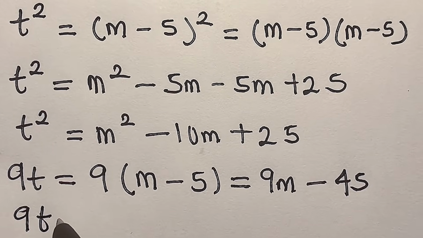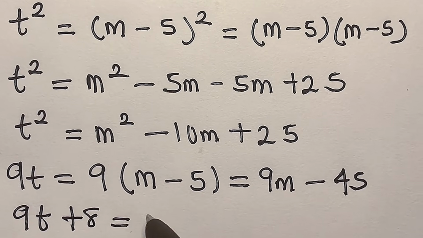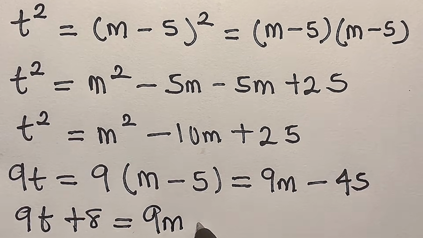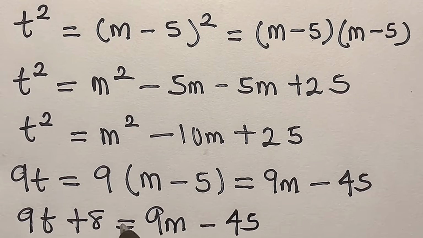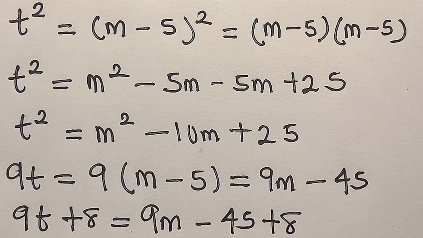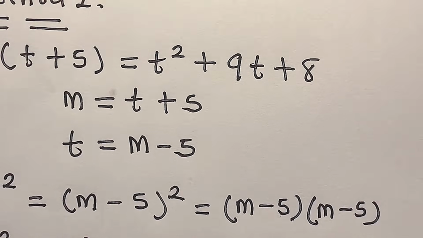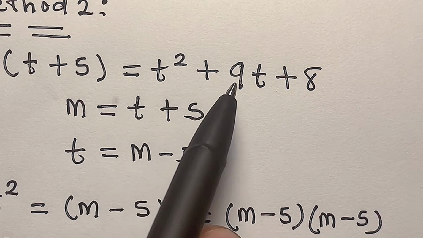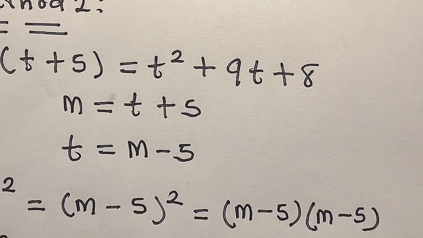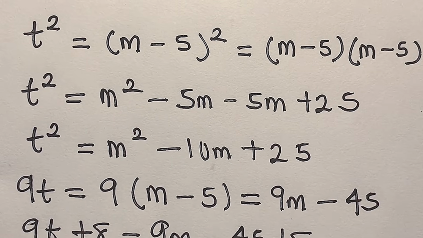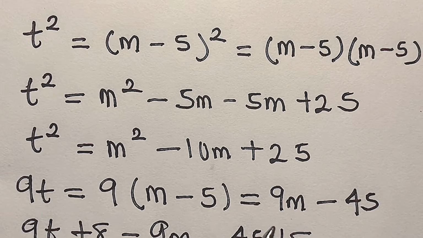So let's see, 9t plus 8. We have 9t to be 9m minus 45, so we now have plus 8 here, plus 8, right? So now to get this function, t squared plus 9t plus 8, we have to add up our t squared plus 9t plus 8, right?